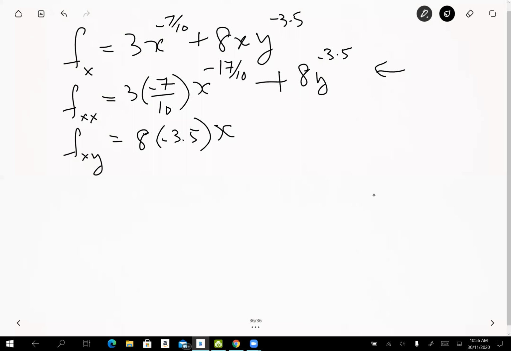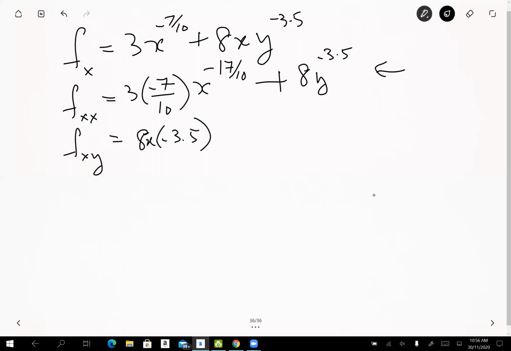x. x is a constant. Or you can put, I'm sorry, I think we should put x there first. So the x is a constant, the variable is y. So I put the x there.